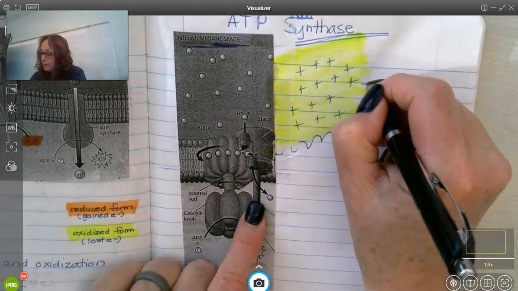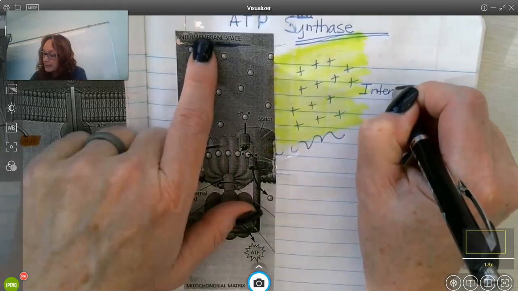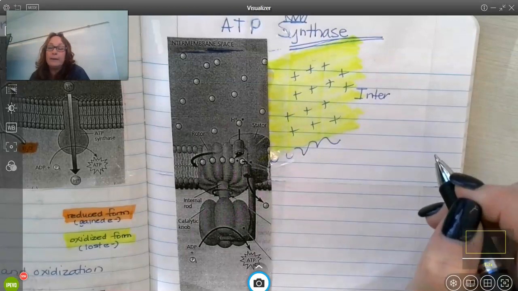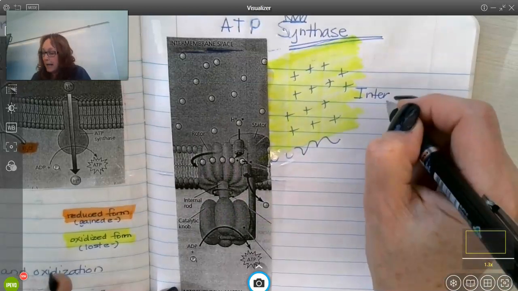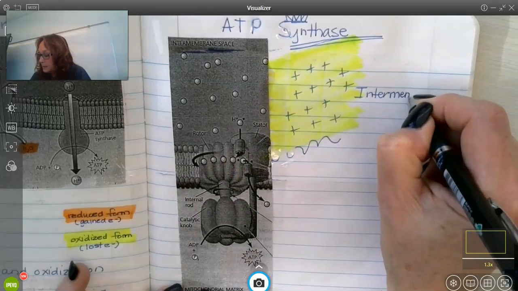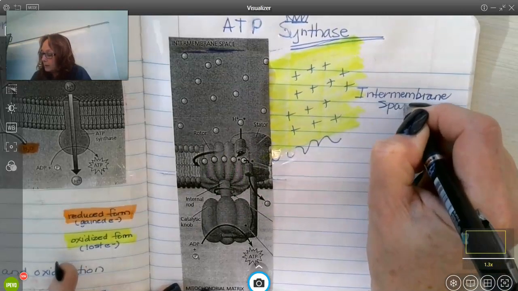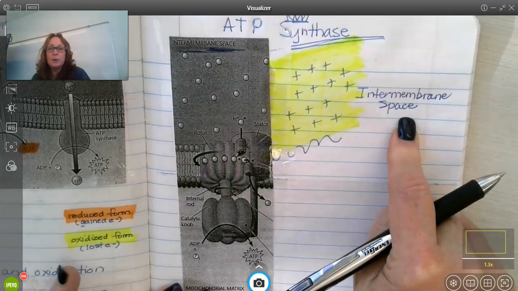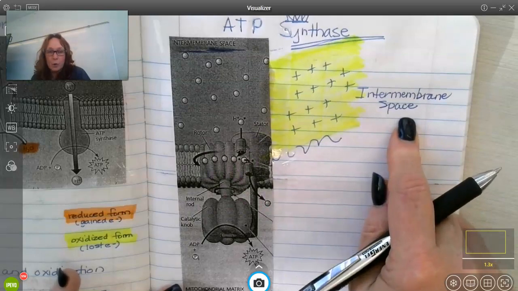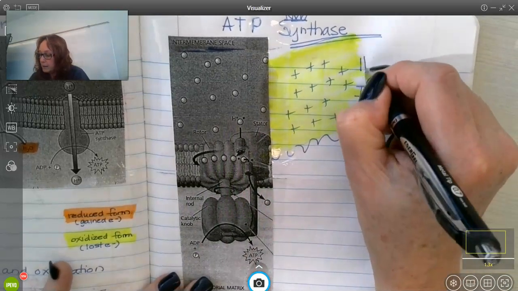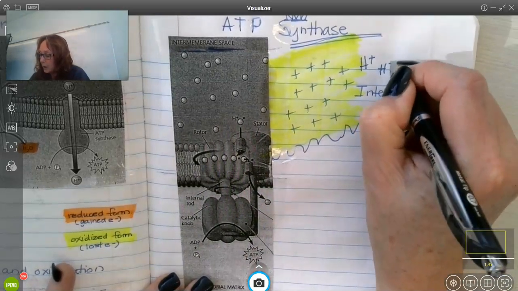So this is the intermembrane space. I know it says it there, but I don't see stuff like that. My brain sees this. Okay, that's the intermembrane space. It serves no purpose. It is a closet. What's it a closet for? Hydrogen ions.